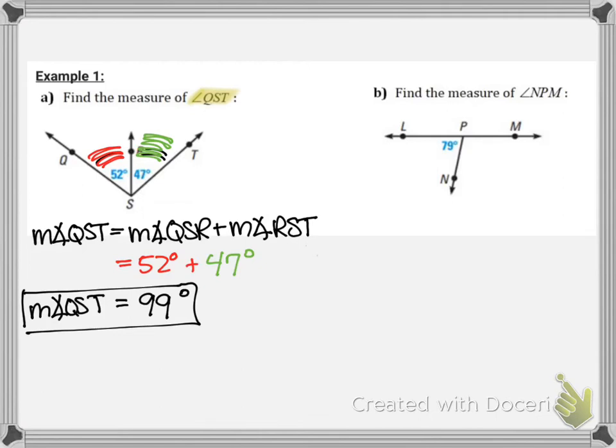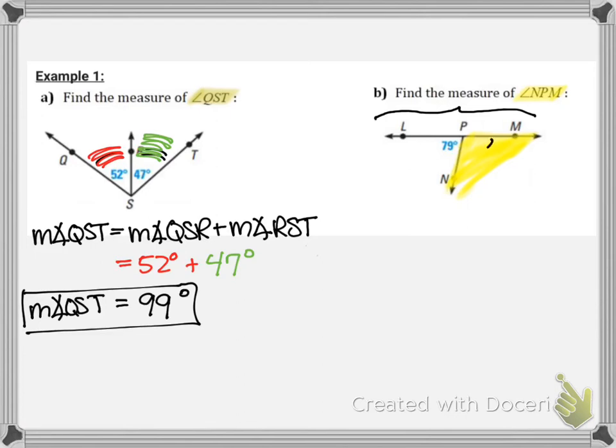All right, so for this second one, we have to imply some things from the picture. We want the measure of angle NPM, which is this side over here. Now they gave us this straight angle, which if you remember is 180 degrees. So I'm going to write our angle addition postulate.